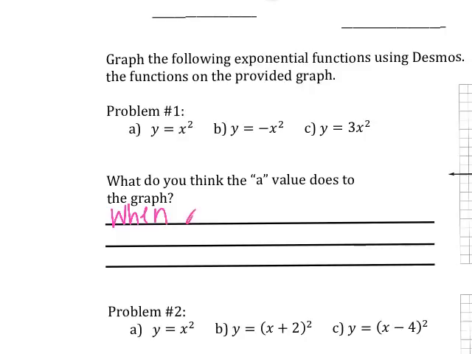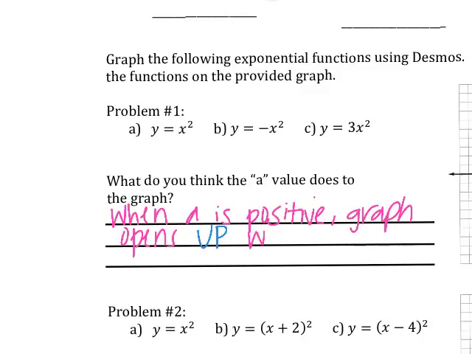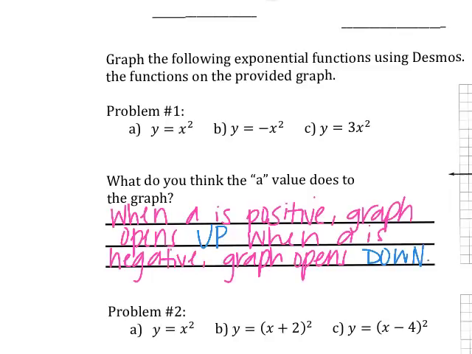When a is positive, the graph opens up, and when a is negative, the graph opens down. Okay?